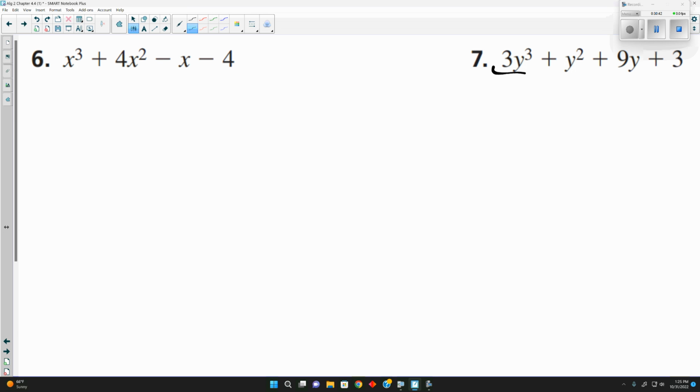And again, we can group these, the first two and the last two. So looking at 3y cubed plus y squared, what's our greatest common factor? Y squared, which will leave us with 3y plus what?